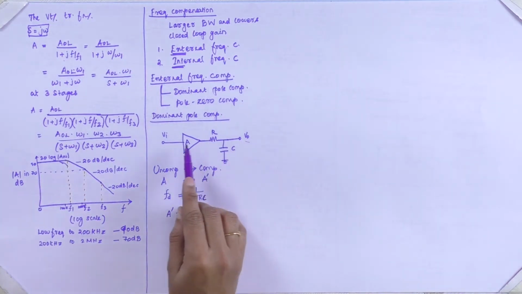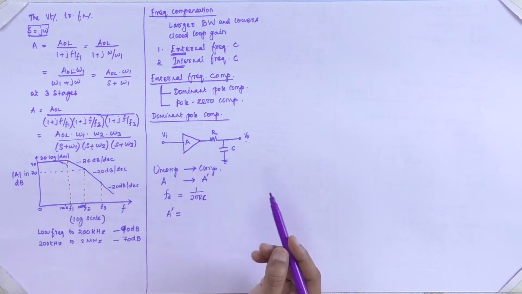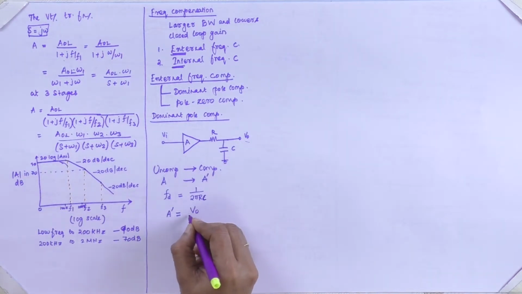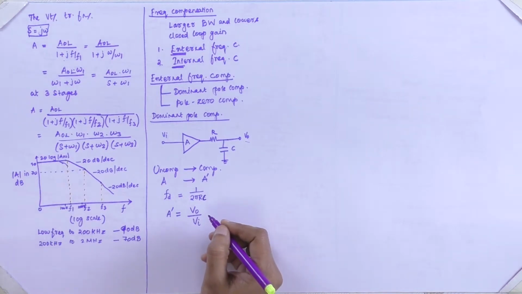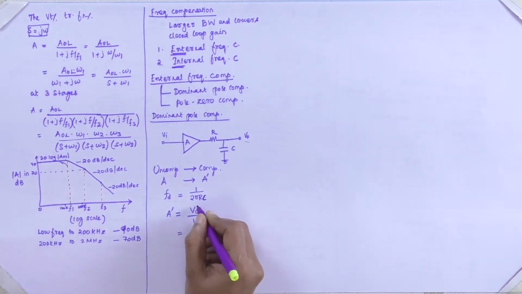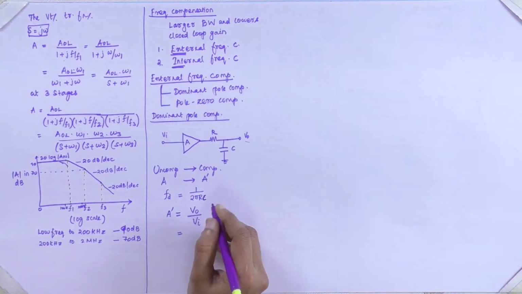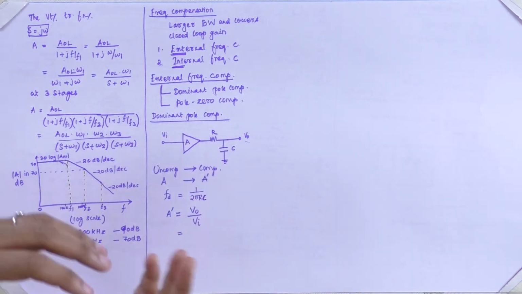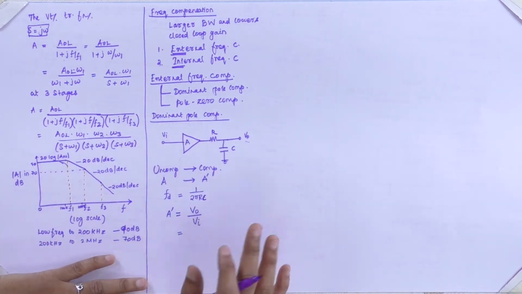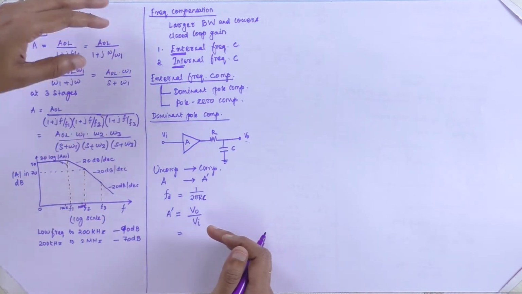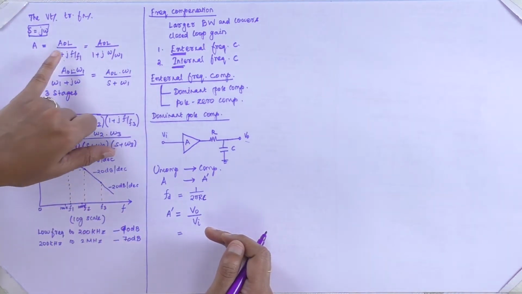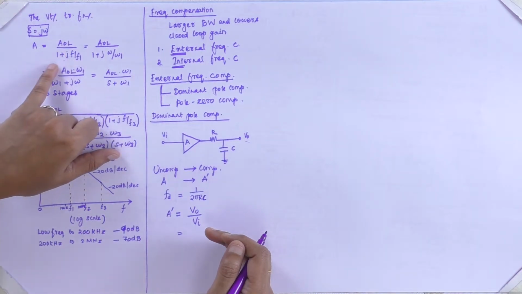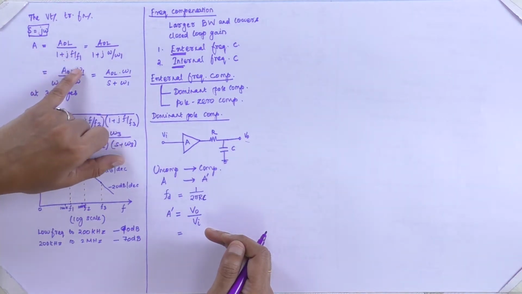Gain is nothing but the output voltage divided by the input voltage, so I can write the expression A dash is equal to V0 by Vi. In this condition I am going to write V0 by Vi in terms of the uncompensated transfer function. Remember all those factors: A is equal to the open loop voltage gain divided by 1 plus j f by f1.